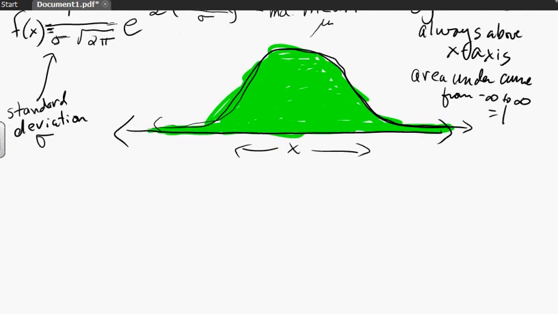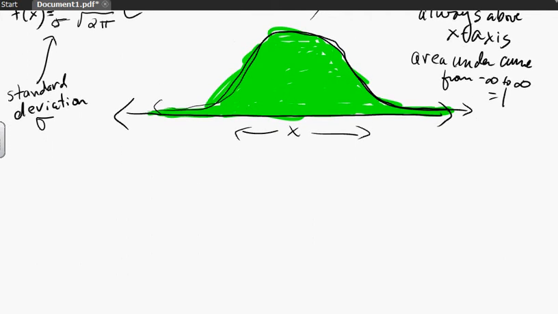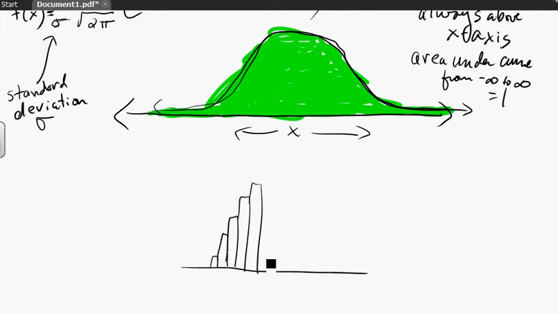Okay, so some other qualities of this distribution. If you saw a histogram, it would start looking like this. Okay, and if you had a big enough population, you would keep going, getting smaller and smaller out to the left and right.